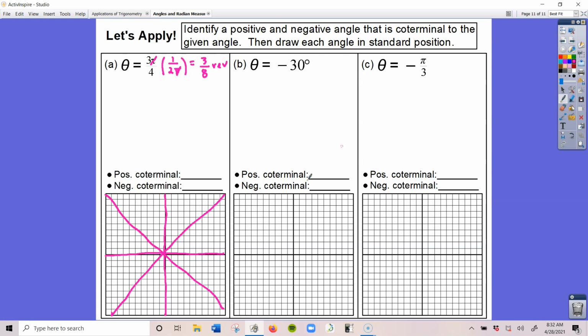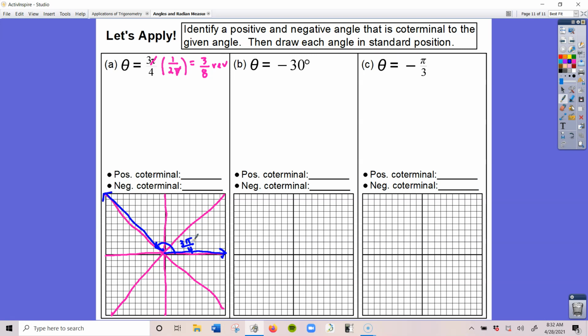Now 3 pi over 4 is 3/8 of a revolution. So that means that we're going to start here in standard position and go 3 lines over. So 1, 2, 3. So my angle is here. And remember, my angle is not going to change. This is 3 pi over 4.